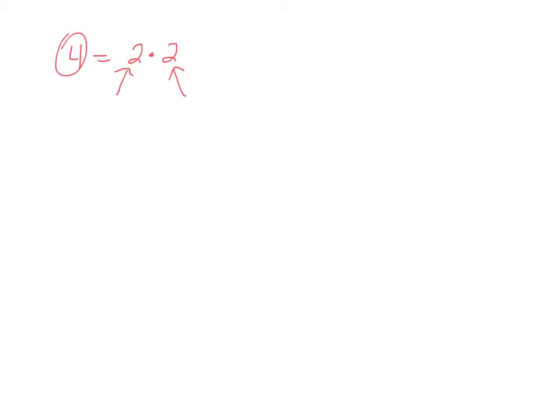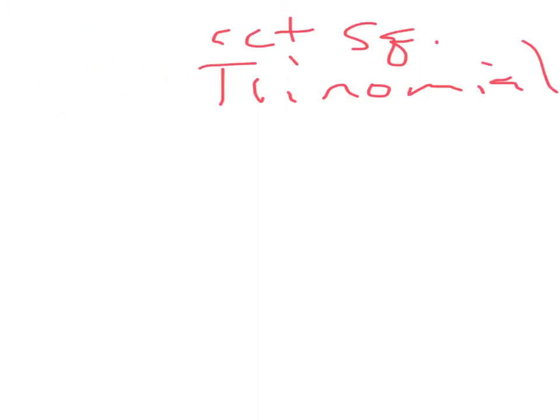So what's a perfect square trinomial? With a perfect square trinomial, we have two terms that are the same being multiplied together to equal this trinomial.